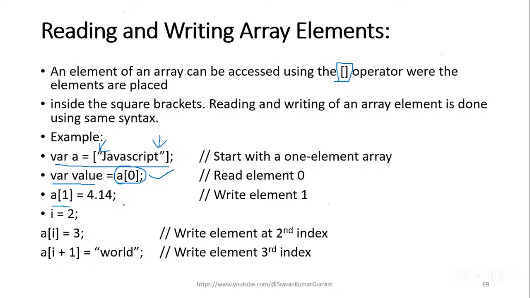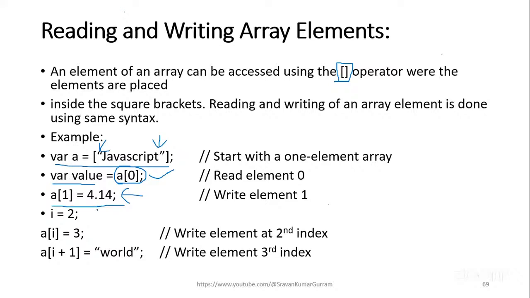Next, suppose I want to update the value. We created one array. After that, I want to update the value which is at index 1. A of 1 assignment 4.14 means the value 4.14 is going to be stored at index 1 in the array A. So that is the meaning of this statement.